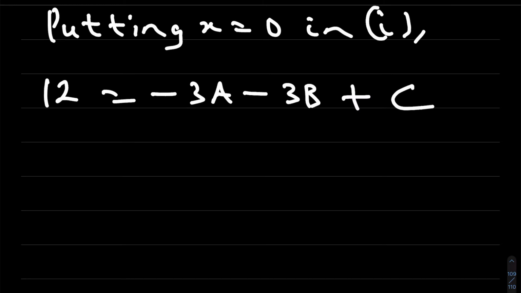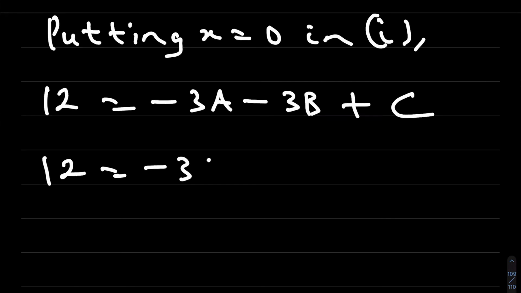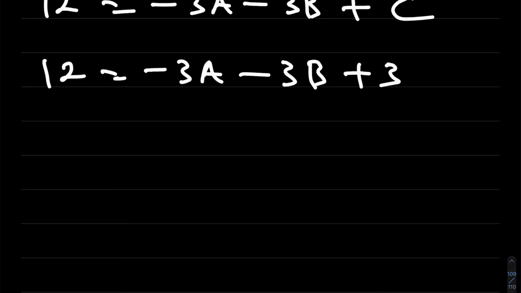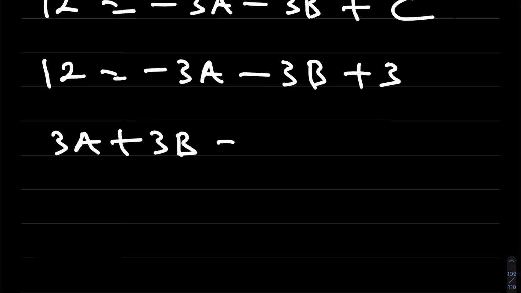Now what do we have? That means 12 equals minus 3a minus 3b plus c. We have only found c. So 12 equals minus 3a minus 3b plus 3. And that means 3a plus 3b, I'm bringing minus 3a minus 3b to the left hand side and taking 12 to the right hand side.